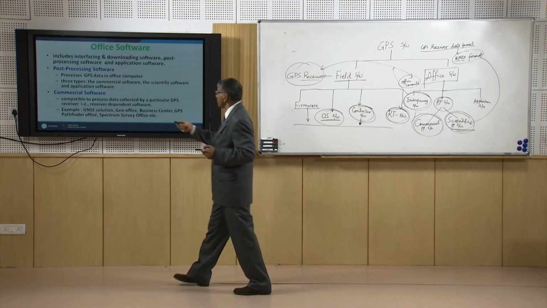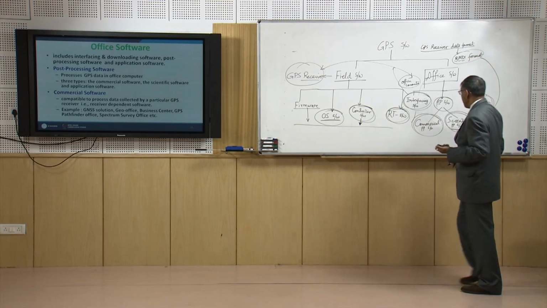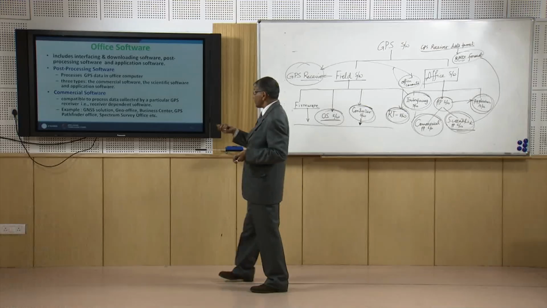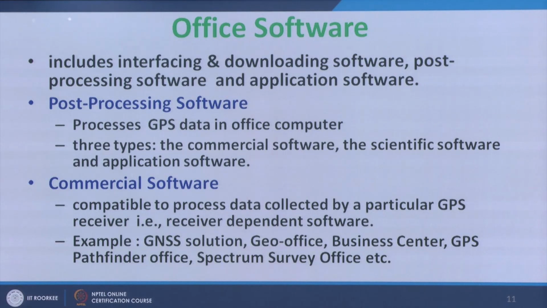Now here you can see post processing software processes the data in the office computer. There are types of commercial software, scientific software, and one more, application software, which is also of the post processing type. Commercial software is compatible to process data collected by a particular GPS receiver. As I told you, it is receiver dependent software, like GNSS Solution, GeoOffice.